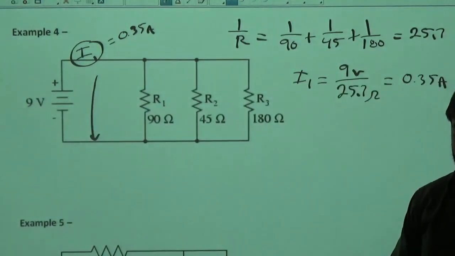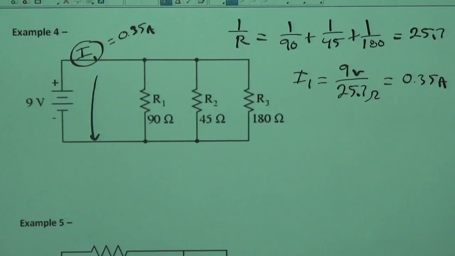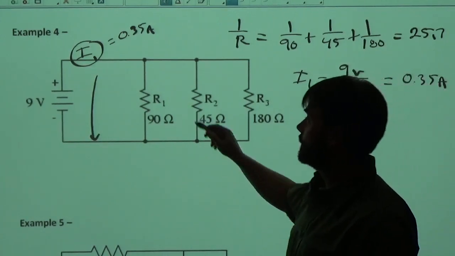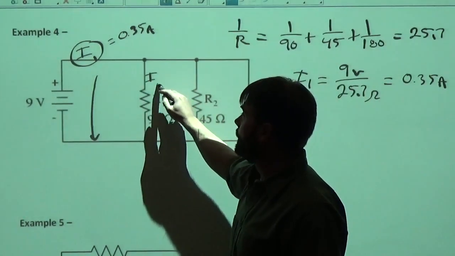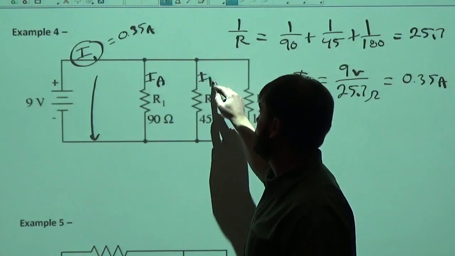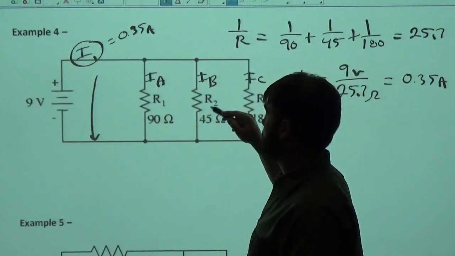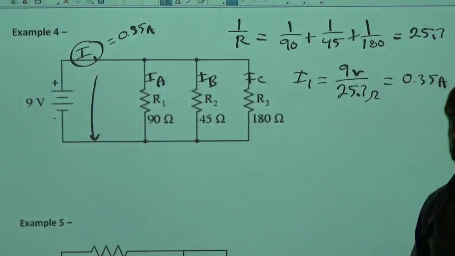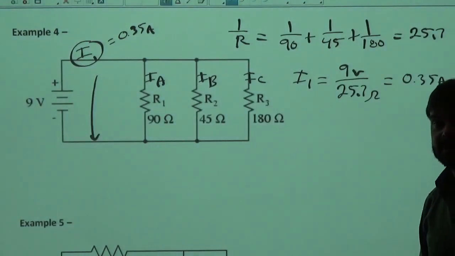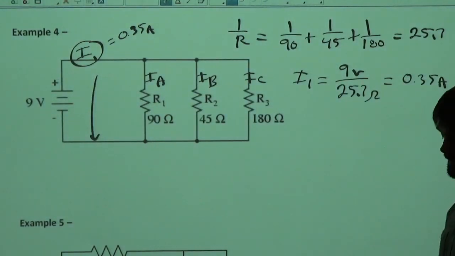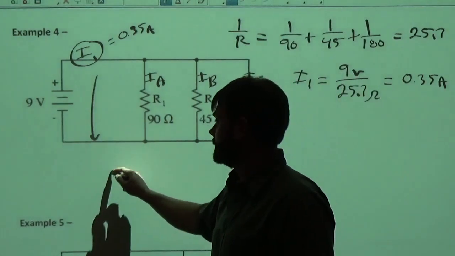Another way that I can figure out the total current going through the system is to look at the current individually going across each of the resistors. For example, I'll label this as current A, current B, current C. Since I told you that the voltage on each side of this resistor is going to be the same, but the current is not, we can simply take a look at these individually.